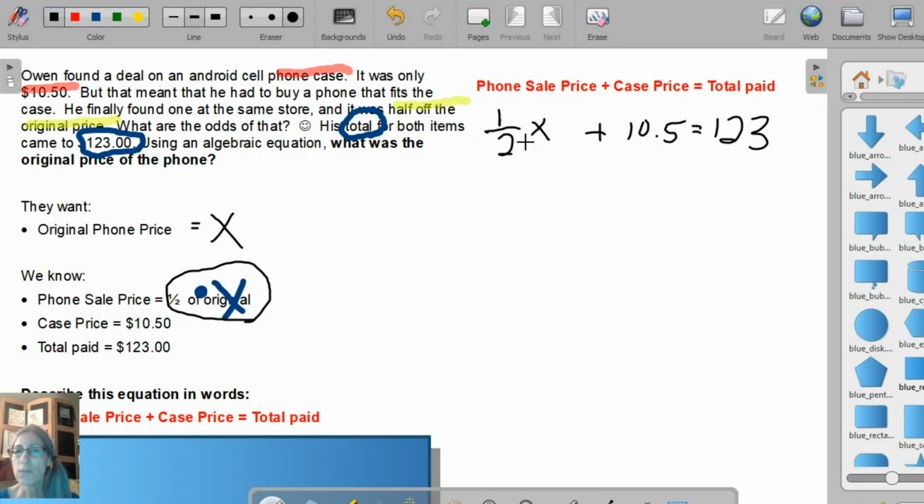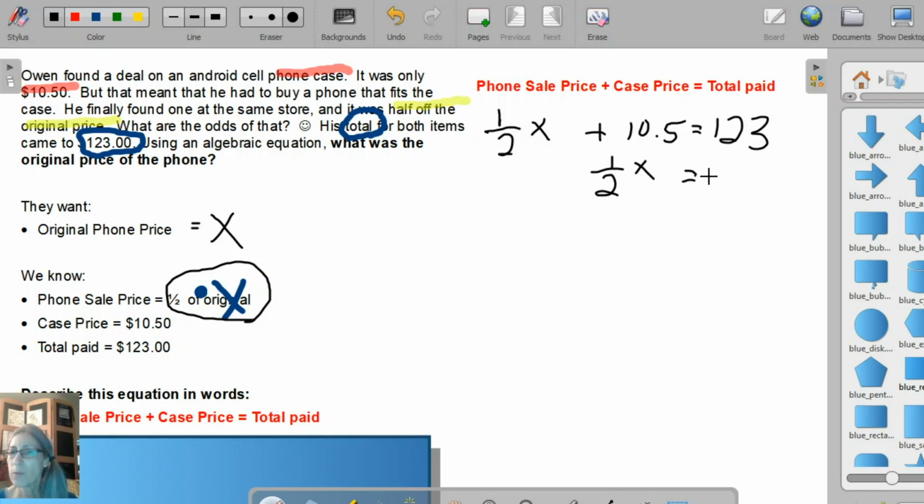So to solve for X, we have to isolate it. So first we'll get rid of any other terms. So this 10.5 needs to go to the other side of the equation by adding a negative 10.5 to both sides. So we end up with 1/2 X on this side.